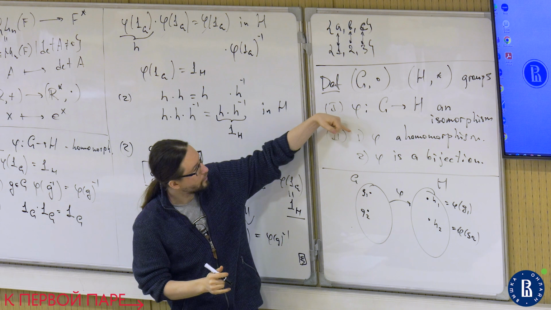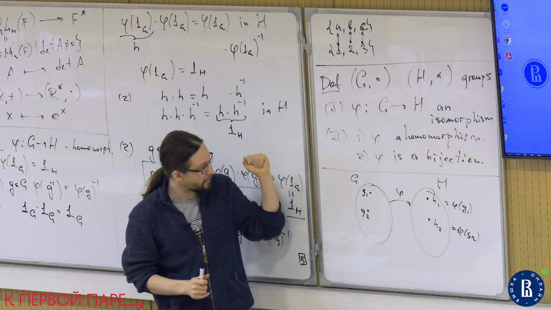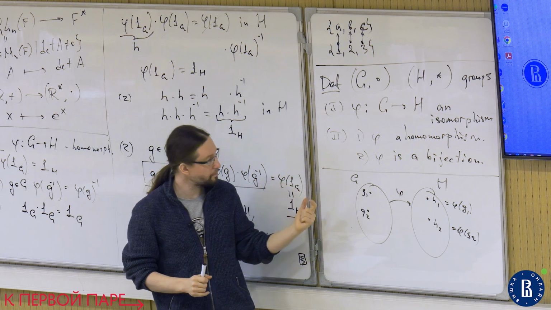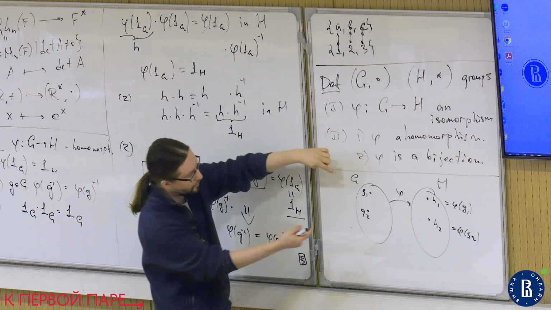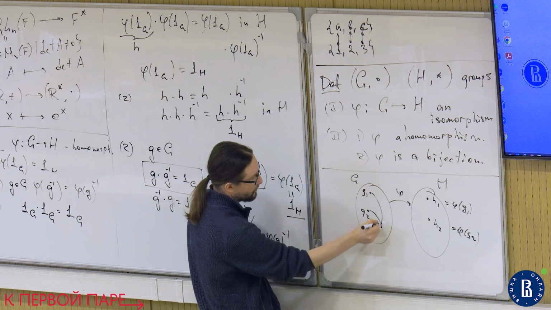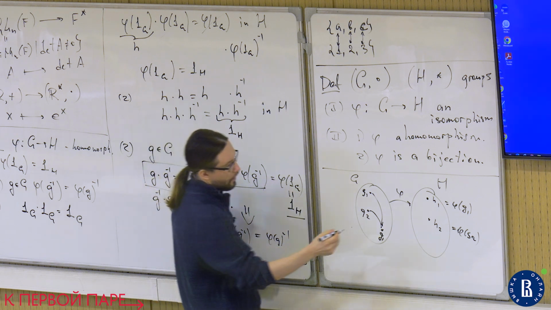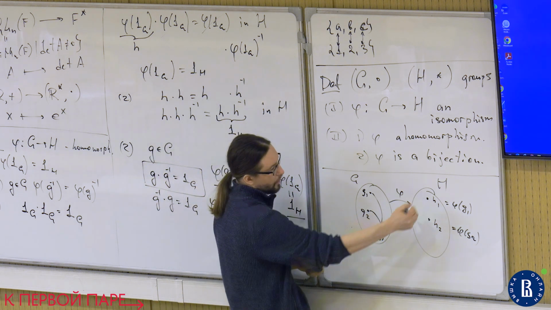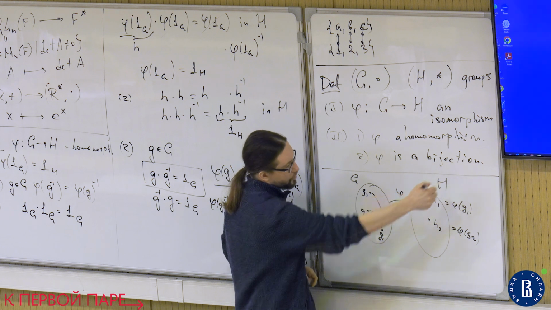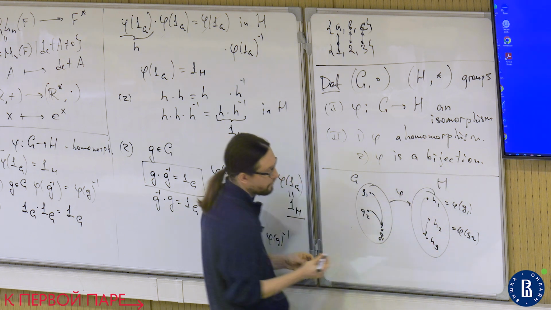But now, the first item says that phi respects the multiplication. So what does it mean? It means that you can take these two elements and multiply them, and you will get some new element, G3. And then you can take these two elements and multiply them using the operation of H, and you will get another element, H3.